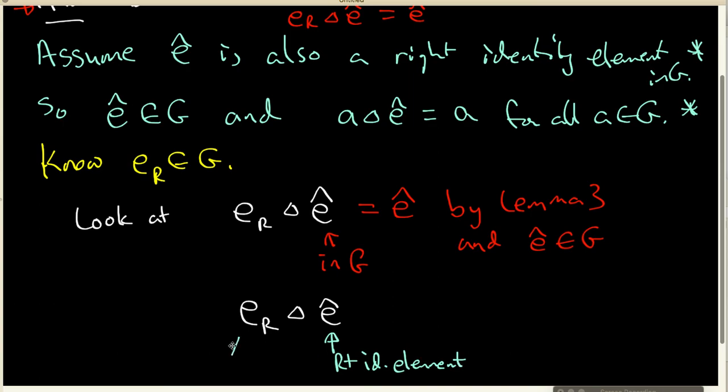And of course, ER is inside G. So in this expression up here, we can place ER in for the A. So ER triangled with E hat is equal to ER. In other words, this expression is also equal to ER.